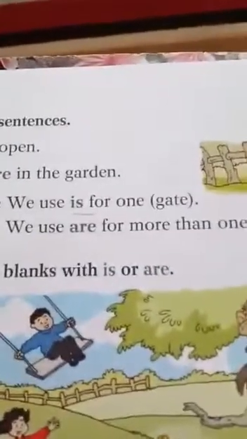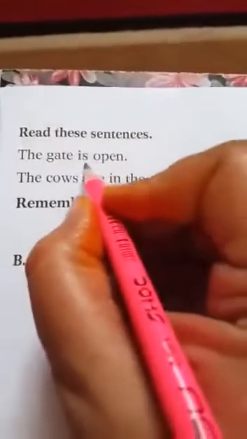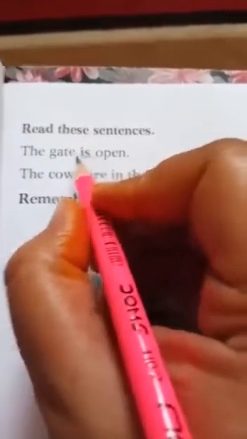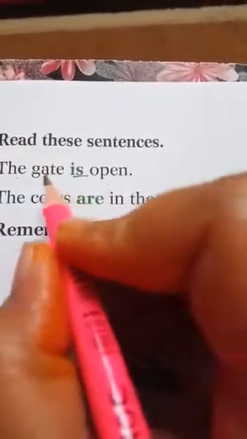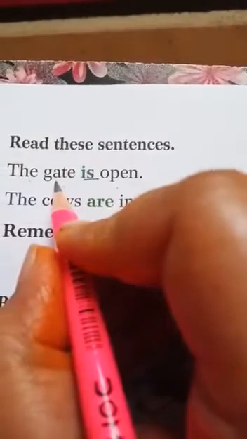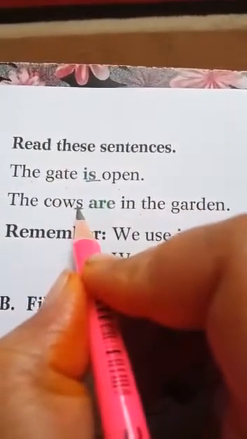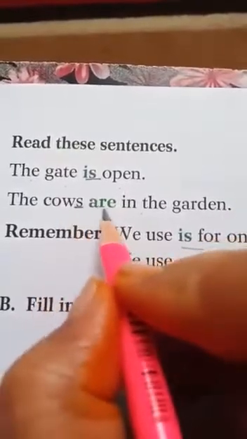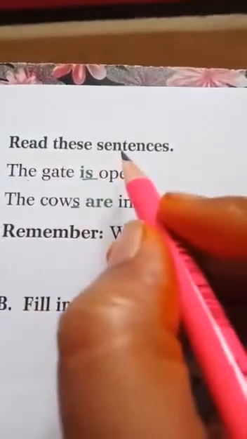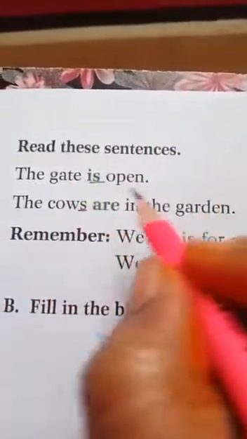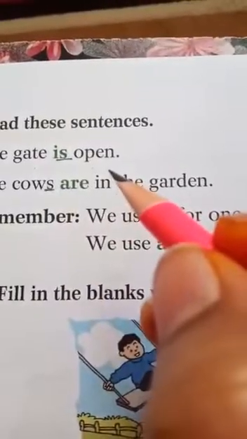Now always remember, students, is is used with a singular word. One word means gate. Gate is singular, and cows is plural, so we will write are. Is is used with singular words, and are is used with plural words.